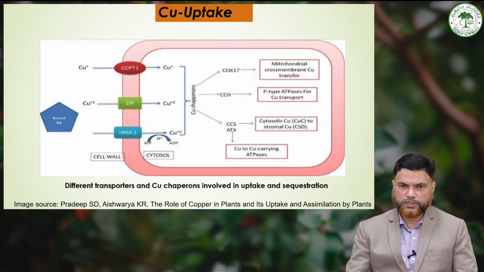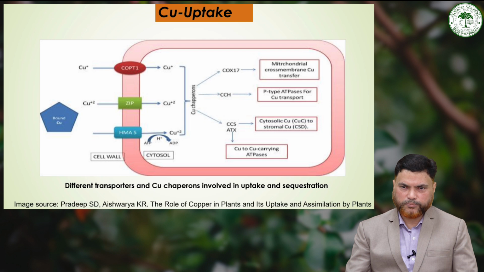Then in addition to this, another type of transporter, namely the P type transporter, which is a heavy metal transporter, moves ions like copper, zinc, lead and cadmium, and they are also involved in transport of copper.